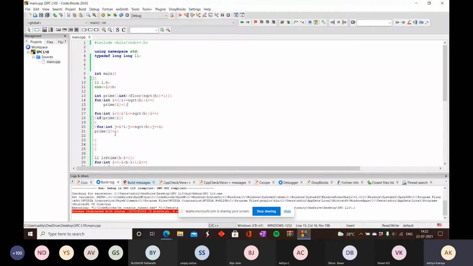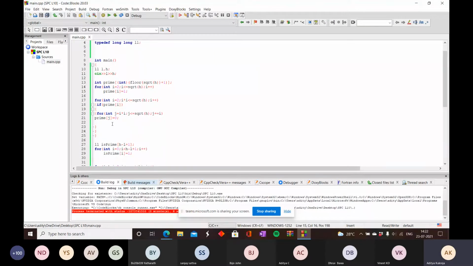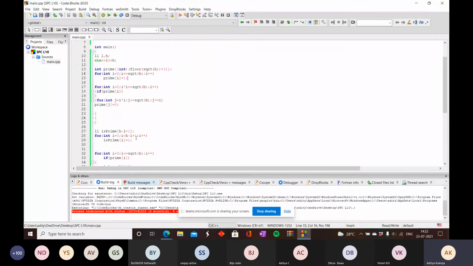And then is prime of size h minus L plus 1, for int I equal to 0, I less than h minus L plus 1, I plus plus, is prime of I is equal to 1.